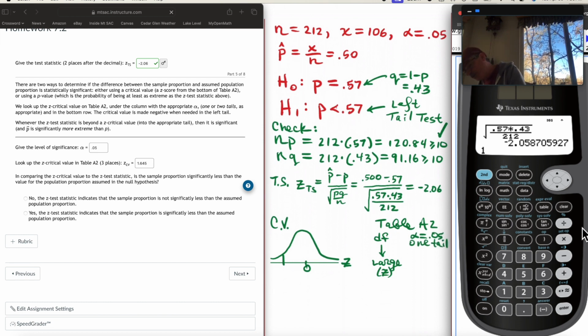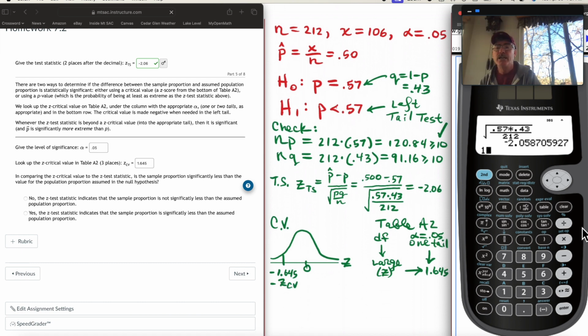And when you do that, come down, and I believe it said 1.645. Okay, but remember, this is a left tail test, so the critical value, we need to make this negative. Negative 1.645. Okay, so that's our negative z critical value.